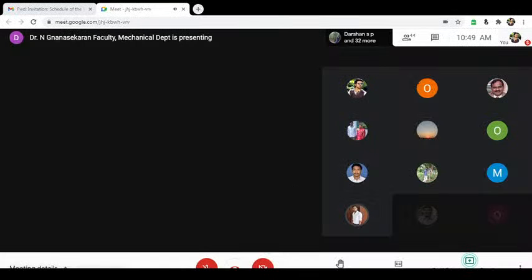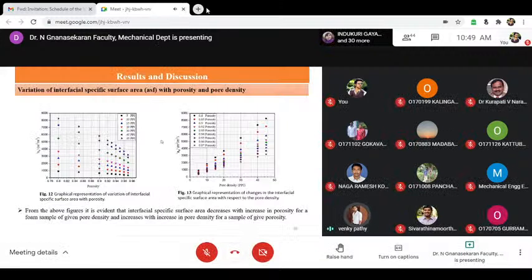Then if you see the effect of the increase in porosity on the specific surface area, when porosity increases, you could see the ASF, the interfacial specific area, decreases. So this is one main observation. For different PPIs, it has been reported here.